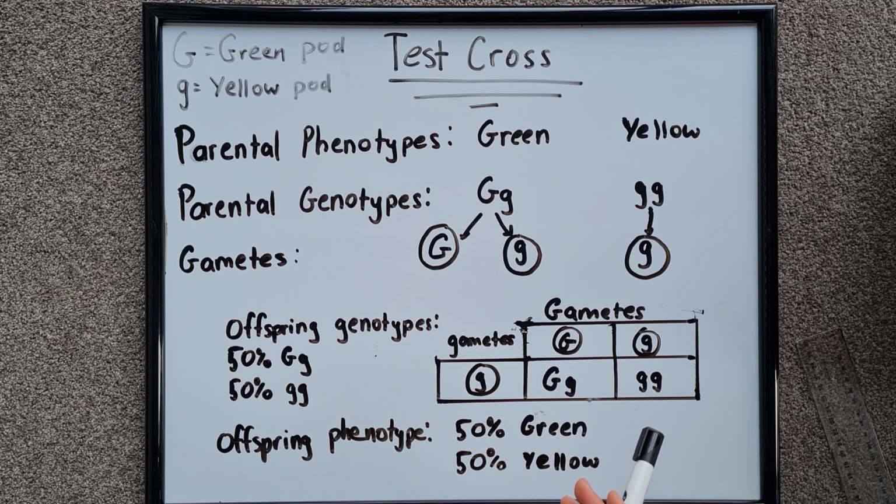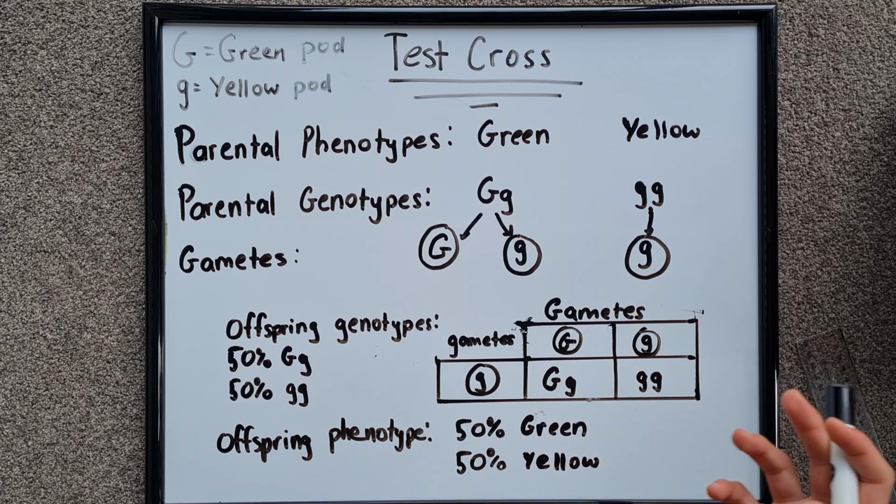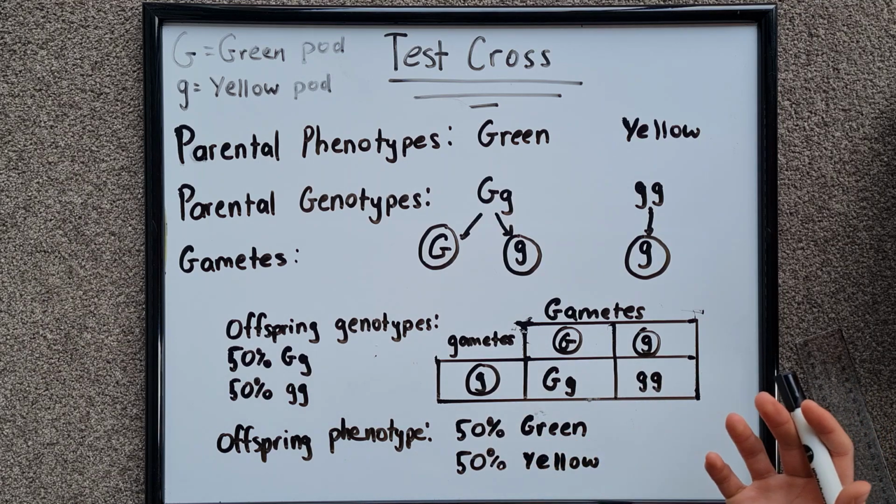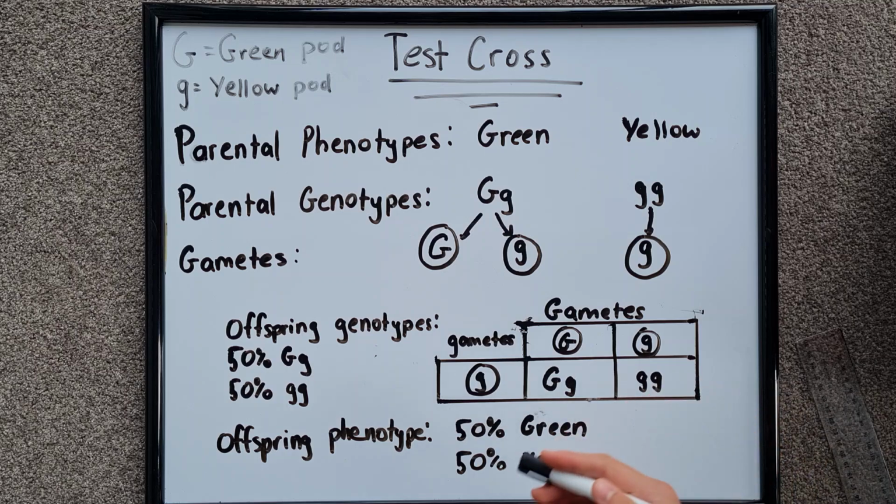It's 50% each time in this case, and each fertilization is independent of the previous one. So make sure you understand that expected results are not always the same as the observed results. As we increase the sample size, as we increase the number of fertilizations that take place, we will probably reach a closer ratio to what was expected in the genotype and phenotype that we did from the test cross.